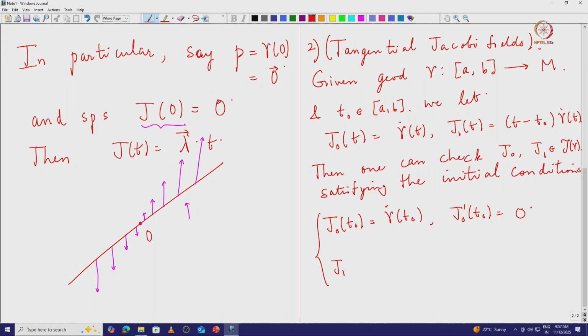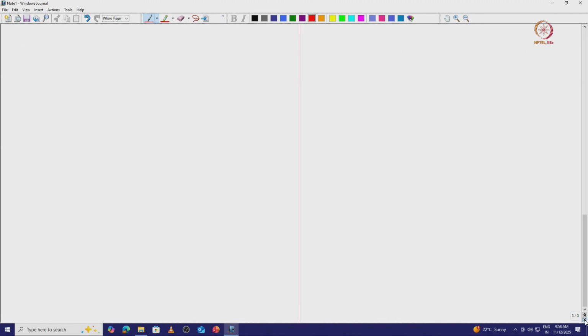On the other hand, if you plug in J1 of t naught, then that is obviously 0, and J1 prime at t naught, you can differentiate and see that this is precisely gamma dot of t naught. So these two Jacobi fields can be constructed along any geodesic.